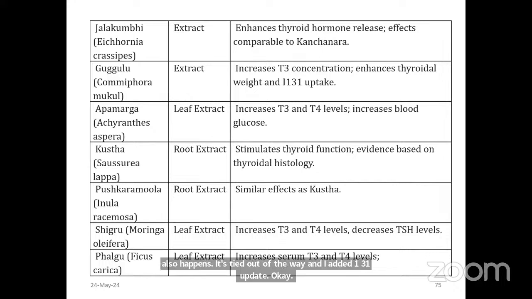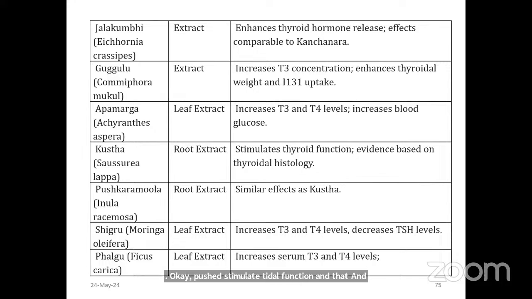Pushya stimulates thyroid function, and this evidence is mainly based on thyroidal histology. So the effect of Pushya on thyroid histology is also noted. Pushkarmool has a similar effect to Pushya. Shigru increases T3 and T4 levels and also decreases the TSH levels. So it is also a good drug for hypothyroidism. Phalgu has also increased serum T3 and T4 level. Next.